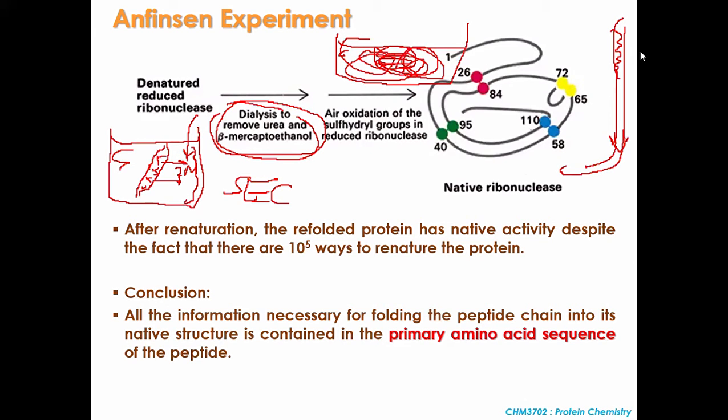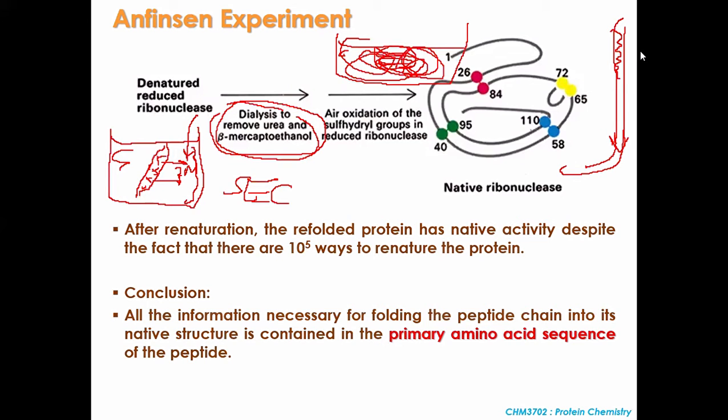This process is faster, but during Anfinsen's time, there was no size exclusion chromatography, so that's why he used dialysis. We still use dialysis in the lab. I still use dialysis, because you can leave the solution for a few hours, for several days, and then you can collect your sample free of urea and beta mercaptoethanol.